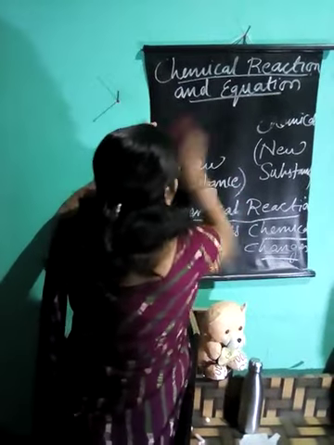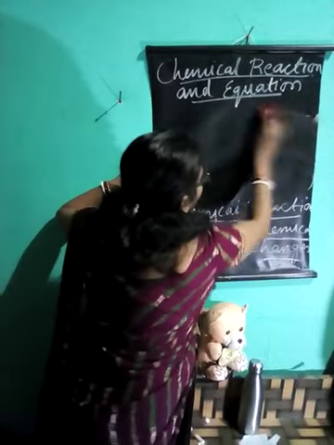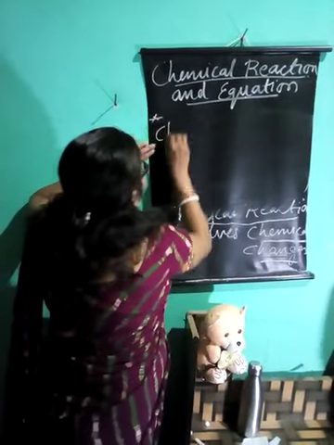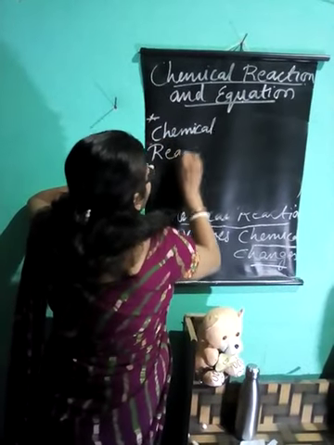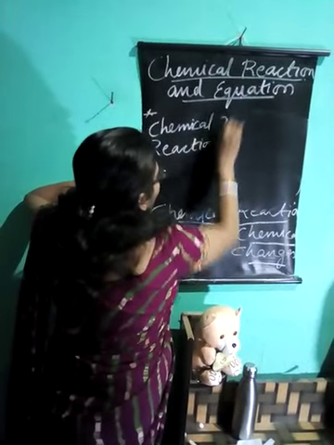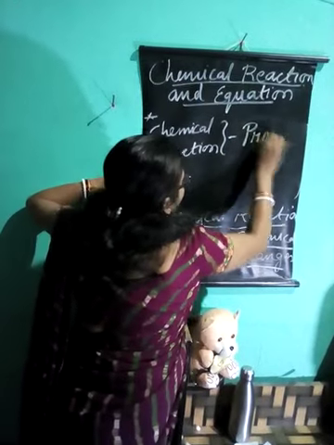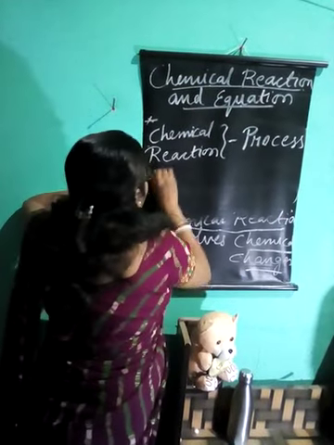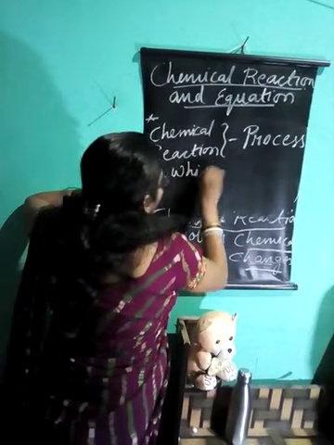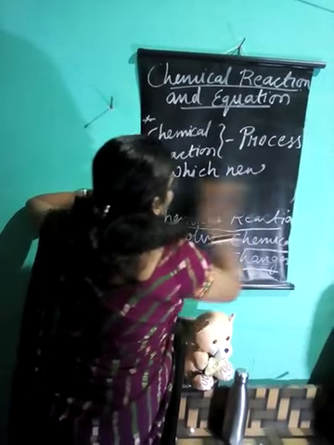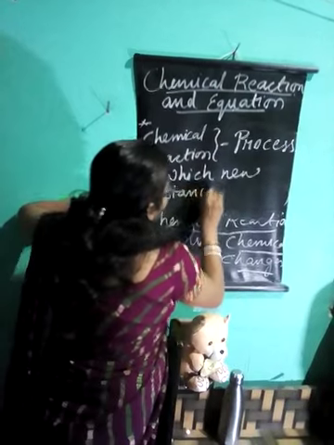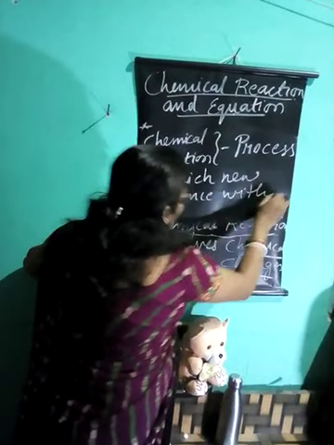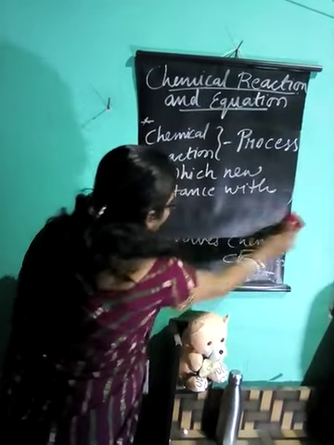So now the definition of chemical reaction, you will see here. What is chemical reaction? Definition of chemical reaction: it is a process in which new substance with new properties is formed.